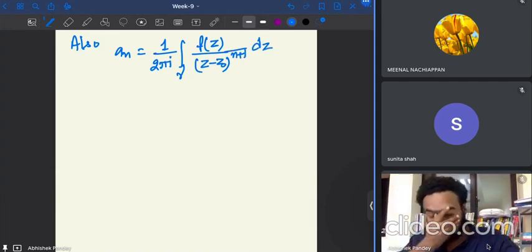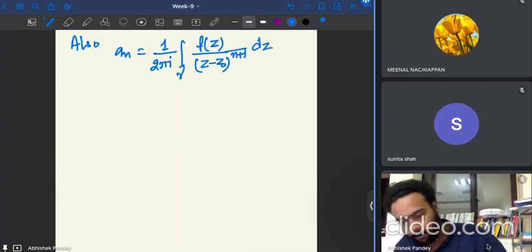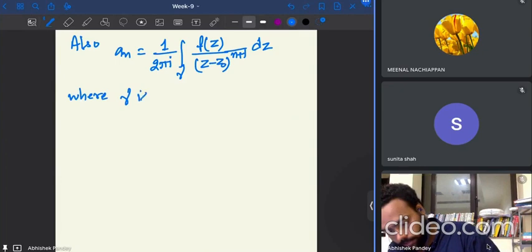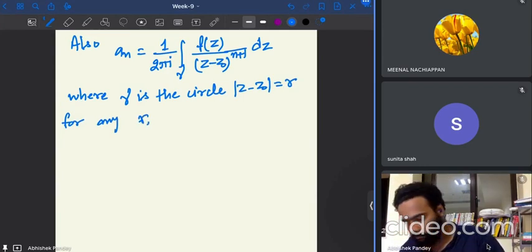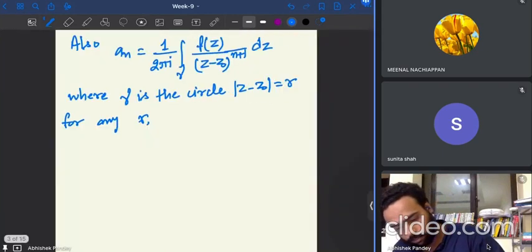Okay, so this is the expression where gamma is the circle mod z minus z naught equals r for any r which is in the annulus, so r is between r1 and r2.